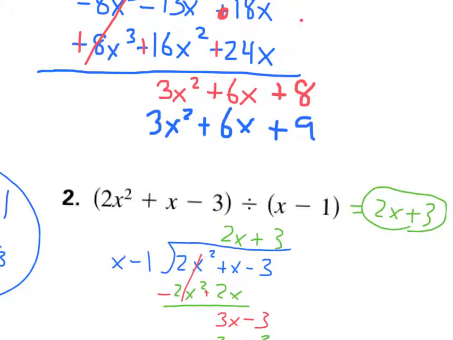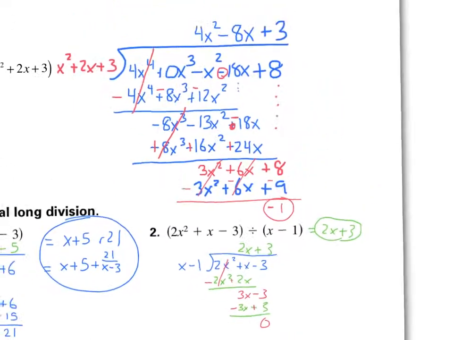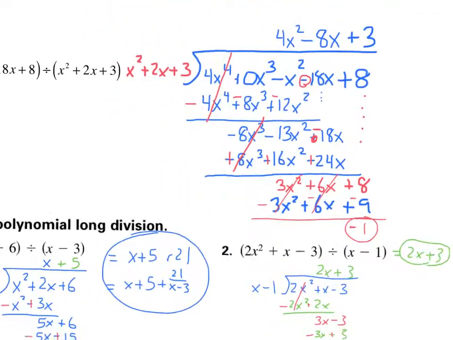Now I have to oppositify everything. Notice the quadratic drops out, the linear drops out, and I'm left with negative 1. And that is my remainder. So the actual answer is this. My quotient is 4x squared minus 8x plus 3, remainder negative 1.